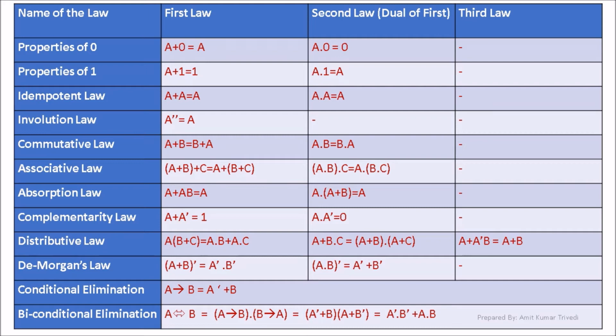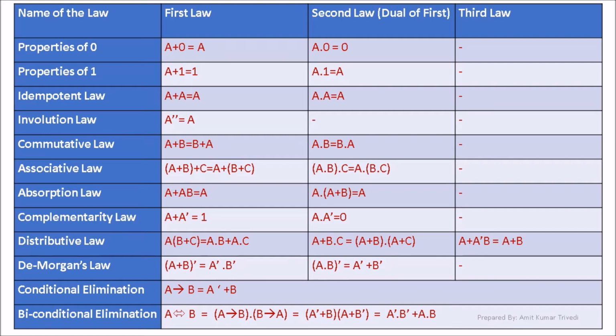Next is the involution law, that is a double complement will be that variable only. Then the commutative law, a plus b equals b plus a, and a dot b equals b dot a. Associative law: when we have 3 variables, we can arrange them in any order.